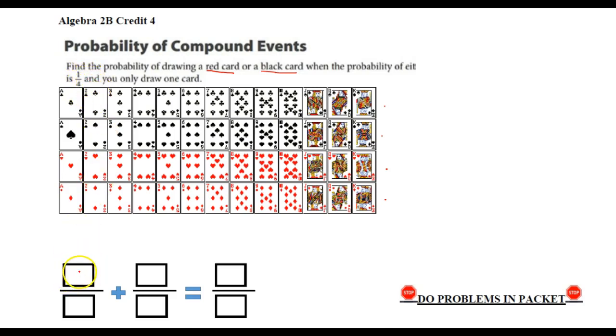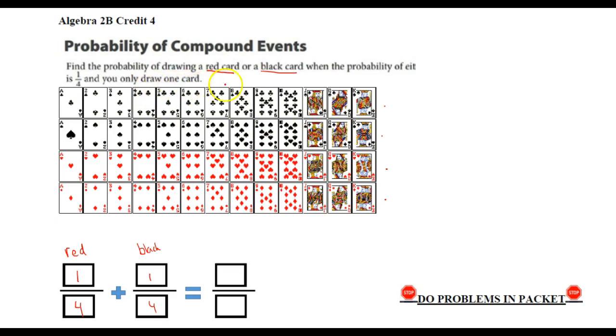Let's go ahead and add up. If it's a red card, we have a probability of 1/4 of that happening. Or a black card, that's 1/4 happening. What we're going to do with both of these 1/4 is add them together.